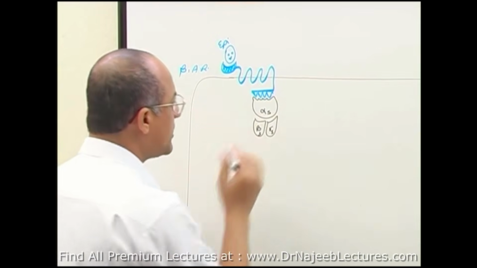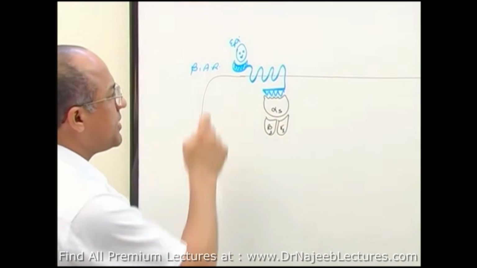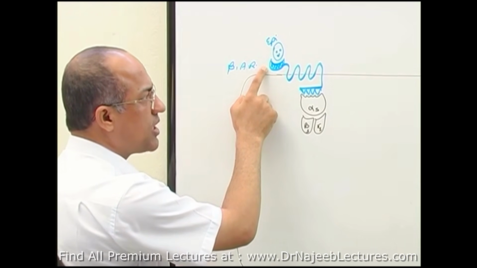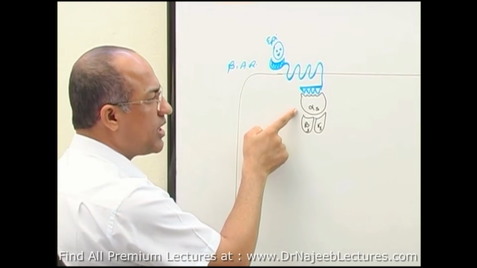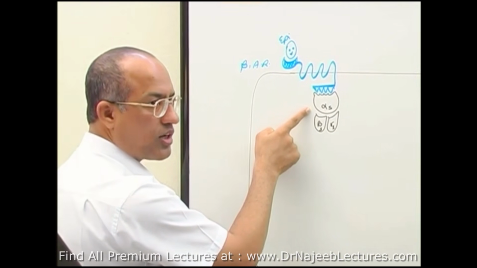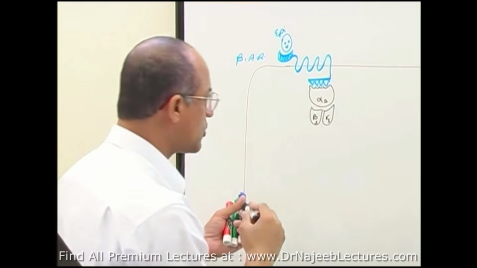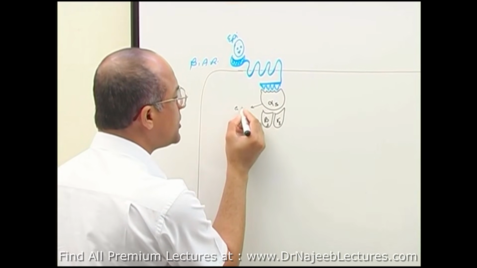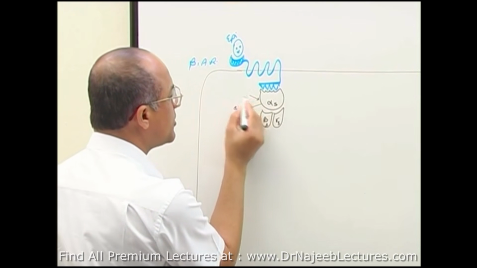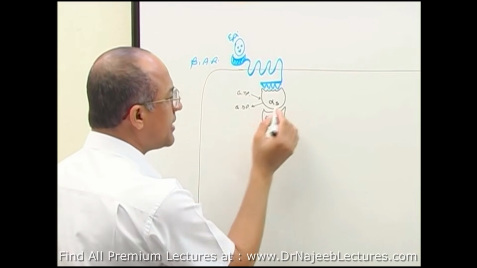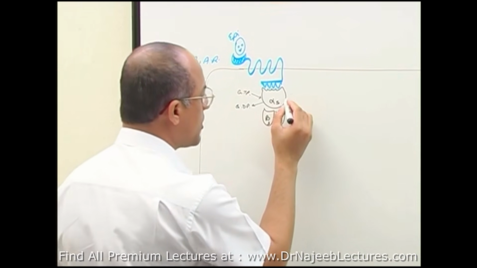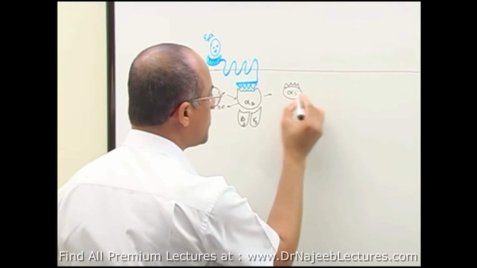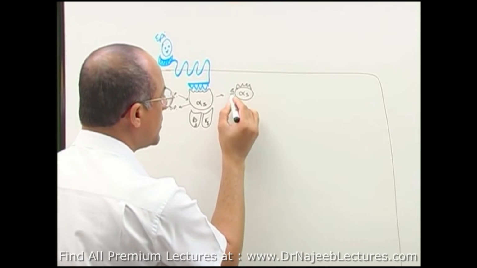When epinephrine binds with beta 1 adrenergic receptor, it intracellularly stimulates the G stimulatory, the alpha component, and then of course alpha component on stimulation loses GDP and acquires GTP. This alpha stimulatory component which is loaded with GTP also dissociates from beta and gamma.